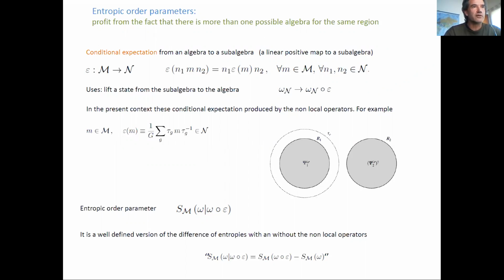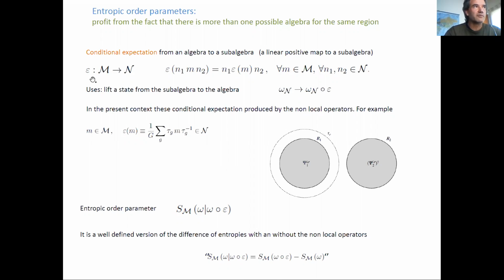So we are going to use the fact that we have, for example, here two algebras, one without the intertwiner and one with the intertwiner. And we can measure the difference of the, let's say, entanglement entropies of these two algebras. But this is not well defined. We have to find some way to define it properly.